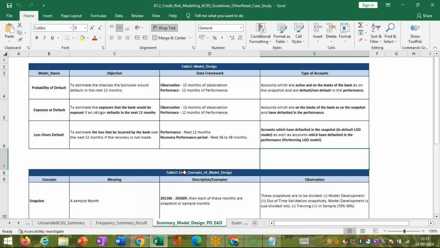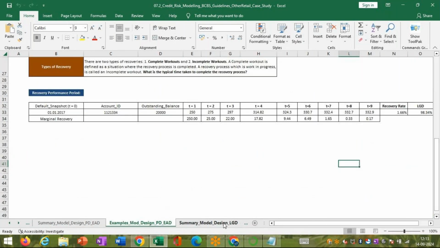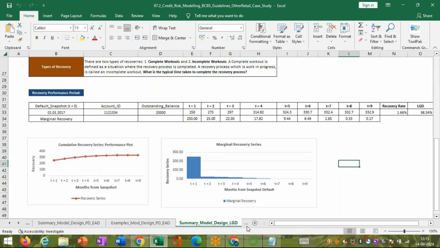If you find anything, like once Kshitij pointed out in terms of recordings and Excel file namings, I believe there can be something which you may find in the code. So please start replicating the code, and also you can start updating the Excel summaries and Excel results and everything.